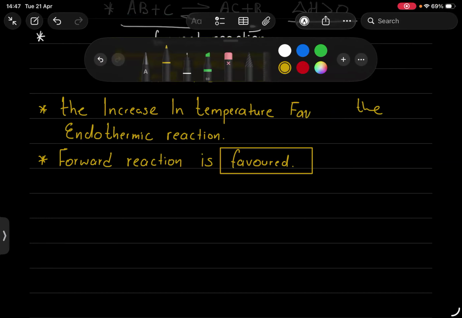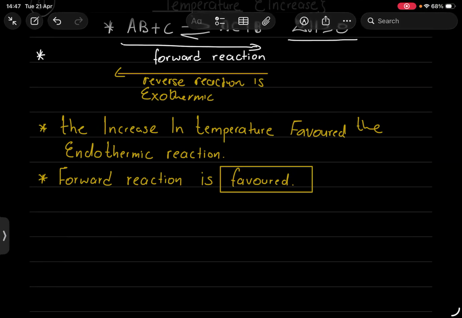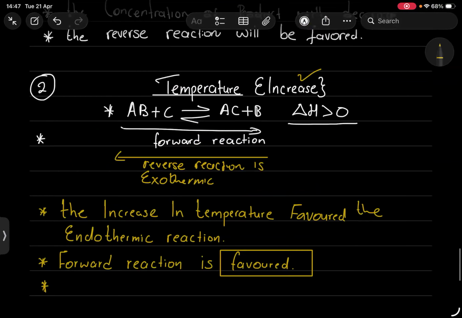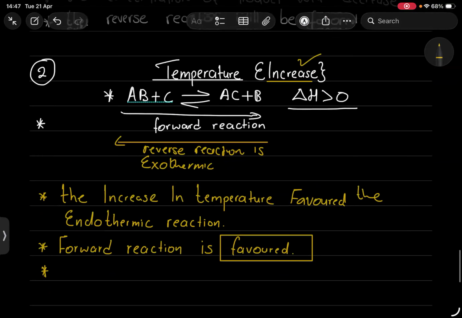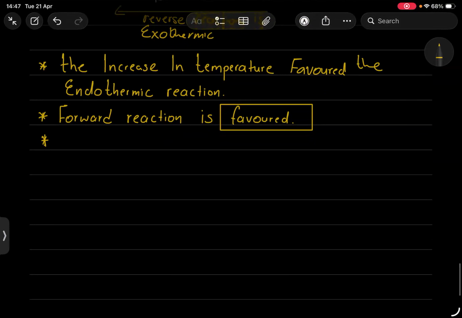All right. So the forward reaction is going to be favored, right? And what's going to happen to the reaction rate because the temperature is increased? Now we have to talk about what? Since the forward reaction is endothermic, you have to state that the forward reaction is endothermic.